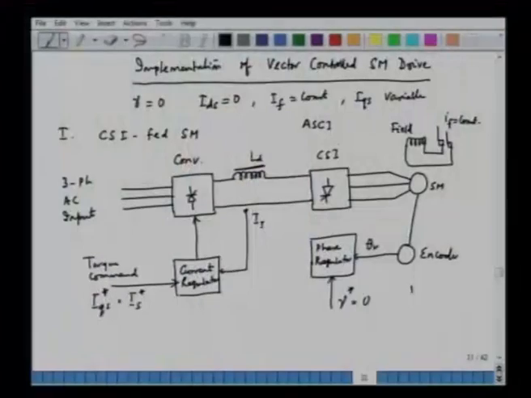When we have more and more current, the output current is not exactly a quasi square wave. In ideal condition, the output current should be a quasi square wave like this, with a duration of 120 degrees, and symmetrical in the positive half and the negative half.